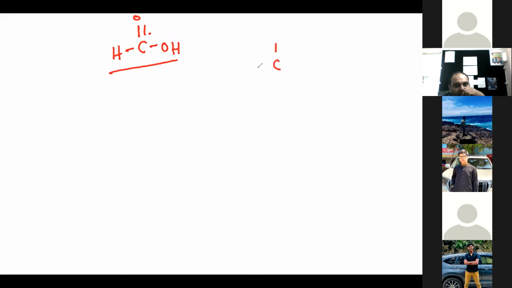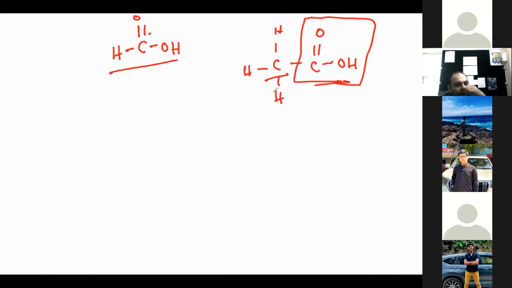Ethanoic acid: 1, 2, 3. So this is ethanoic acid. Why? Because there is one carboxylic acid group, and in total it has 2 carbons. If you have a 3 carbon acid, we call it propanoic. So this is methanoic acid. This is ethanoic acid.